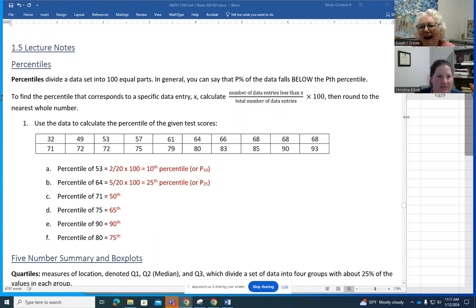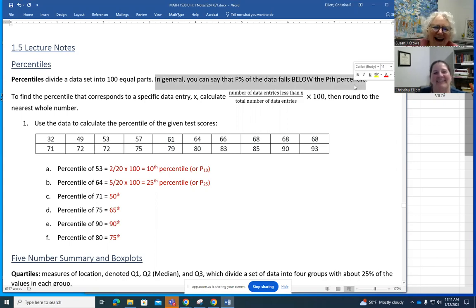In other words, if I say that your child took a test and scored in the 80th percentile, that means they did better than 80% of the people who took the test. 80th percentile means 80% below that value. So it's only in relation to the rest of your sample or population.